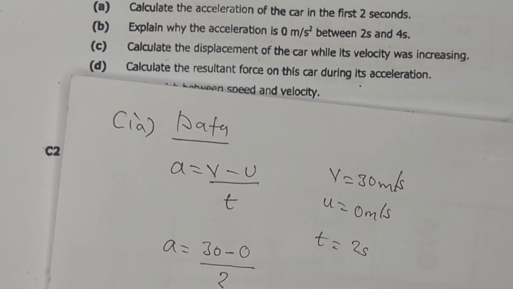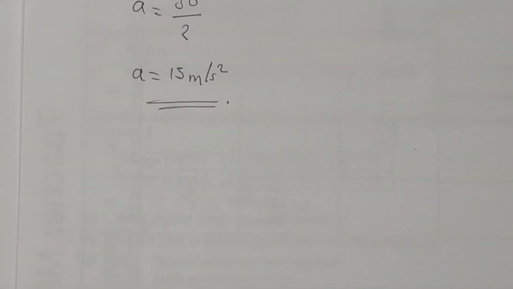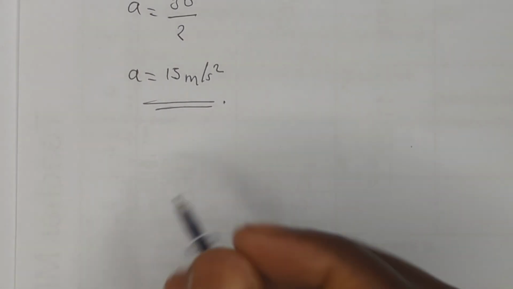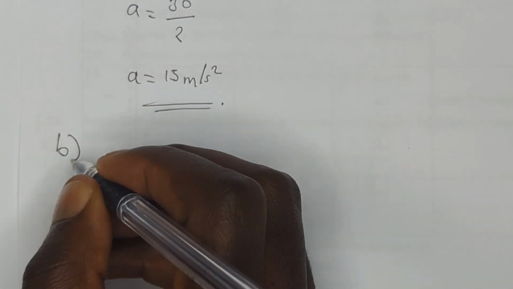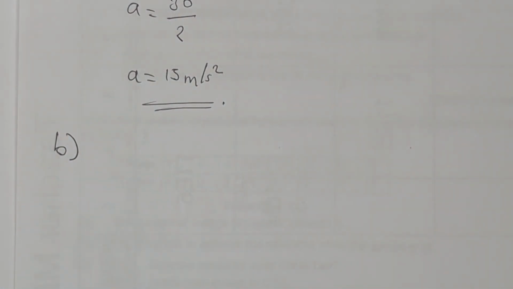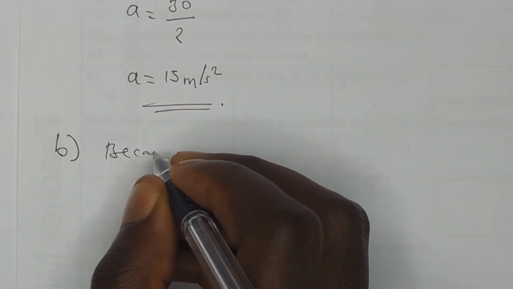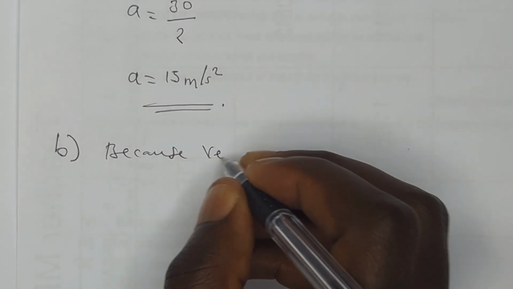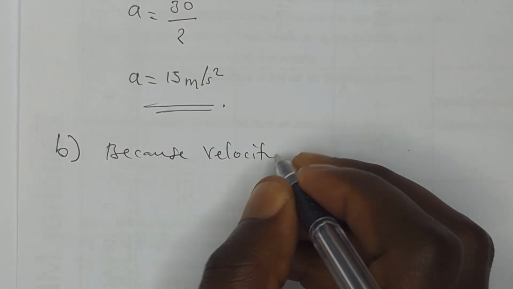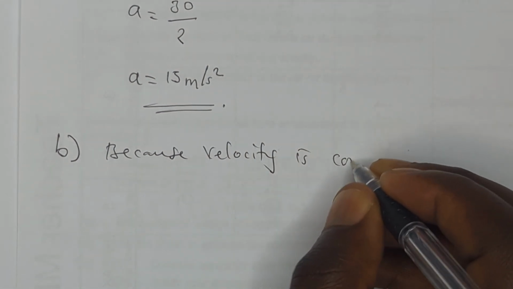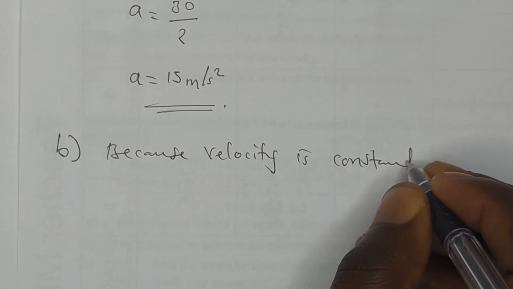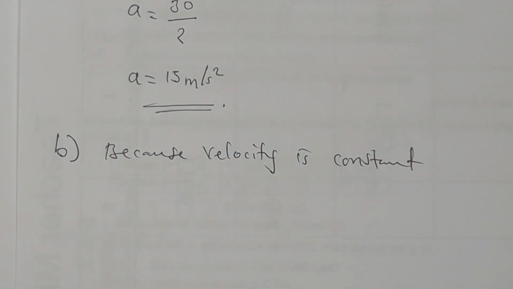So for question B, they are saying why is acceleration equal to 0. It is equal to 0 because velocity is constant. So that's the reason why it is equal to 0.